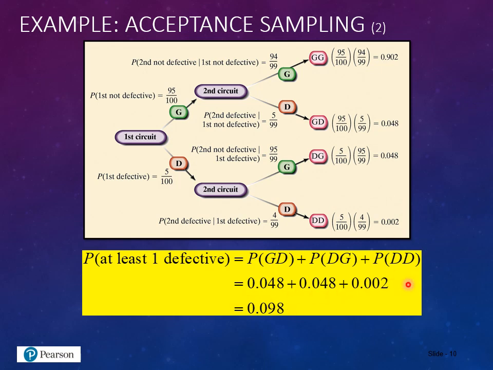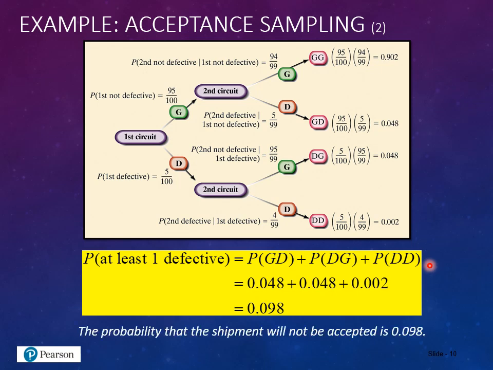And so we simply add all those probabilities of 0.048, 0.048, and 0.002, and we get a probability of 0.098. So that means that about 10% of the time, 0.098 is 9.8%, about 10% of the time, the manager is rejecting the package.